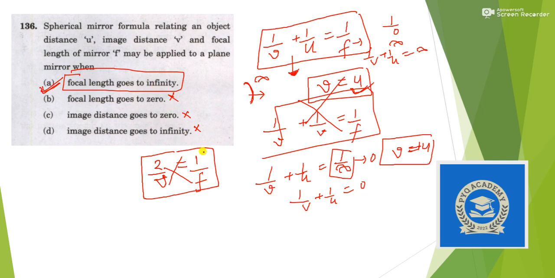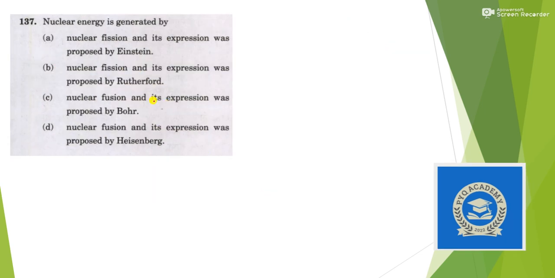Okay, next question: the nuclear energy is generated by. Let's move to the statements. The first statement is nuclear fission and its expression was proposed by Einstein. Next is nuclear fission and its expression was proposed by Rutherford, then Bohr, then Heisenberg.